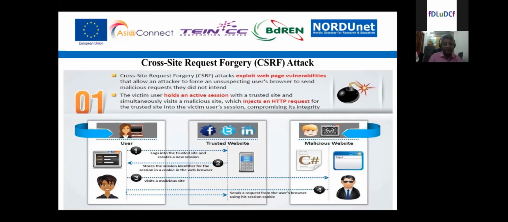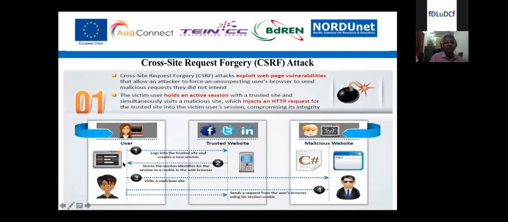So what will happen? Number one, the user is sending a request to the trusted website, and at the same time the server is sending the session. The server is responding to the user, and the attacker is getting the session ID, the session cookie, from the web browser.